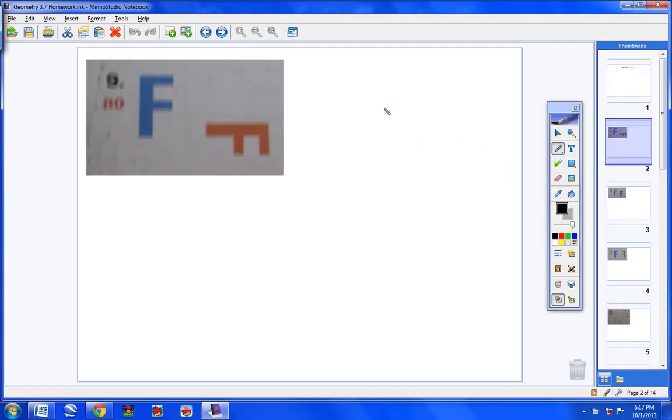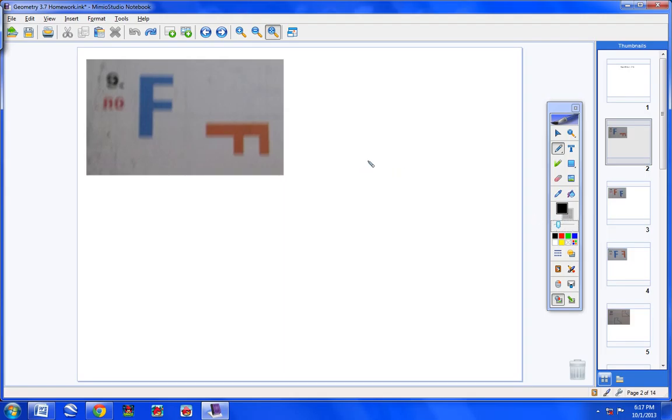For questions numbers 9 through 14, the directions state, decide whether the red figure is a translation of the blue figure. Now remember, when we say translation, let's see here. Fix that.